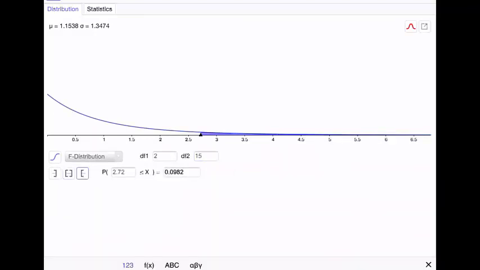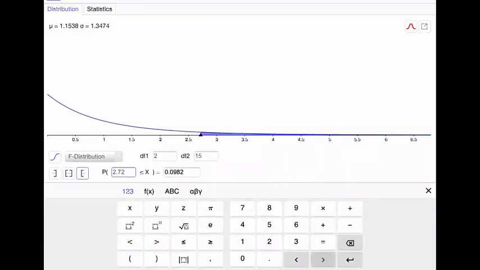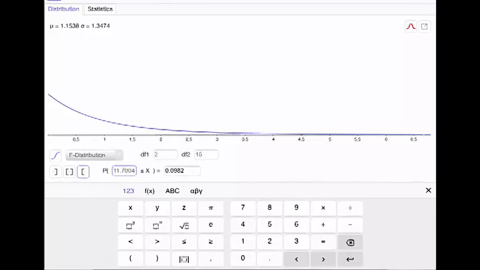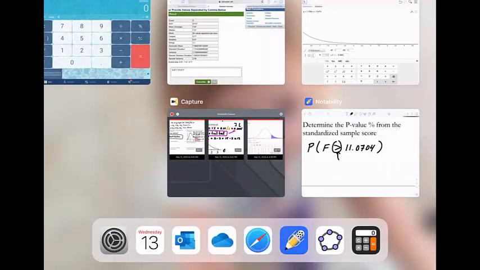Right bracket there, and place back in that answer, 11.0704. No, I want 0704.